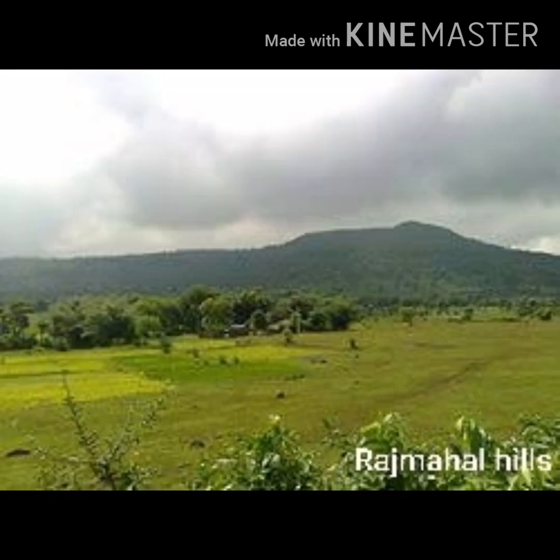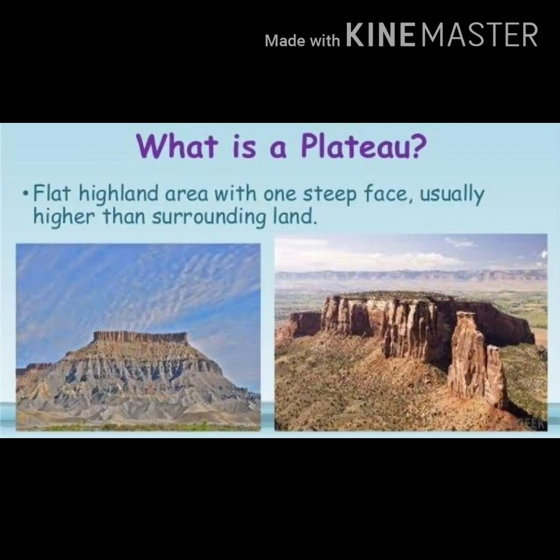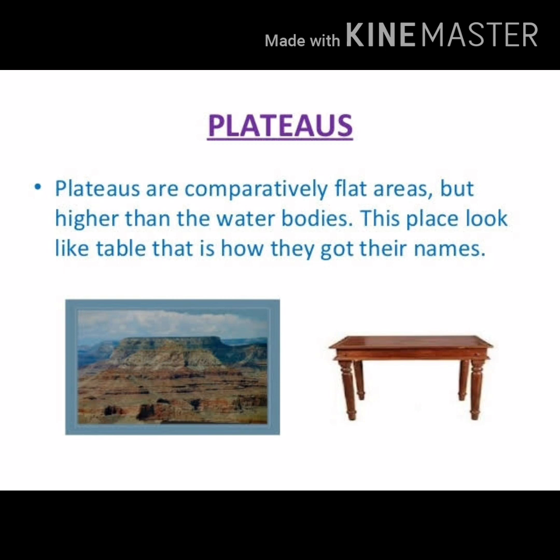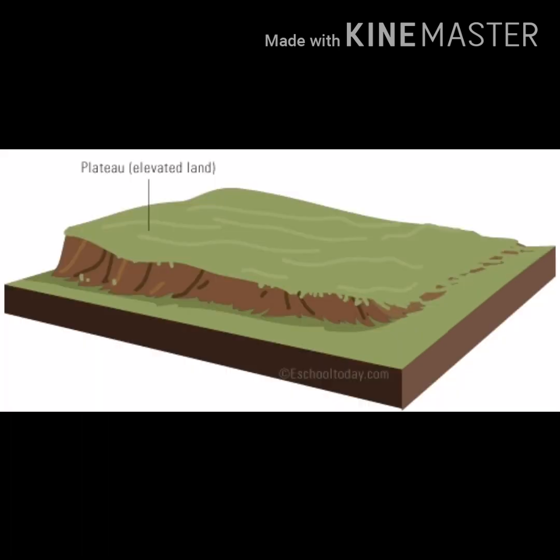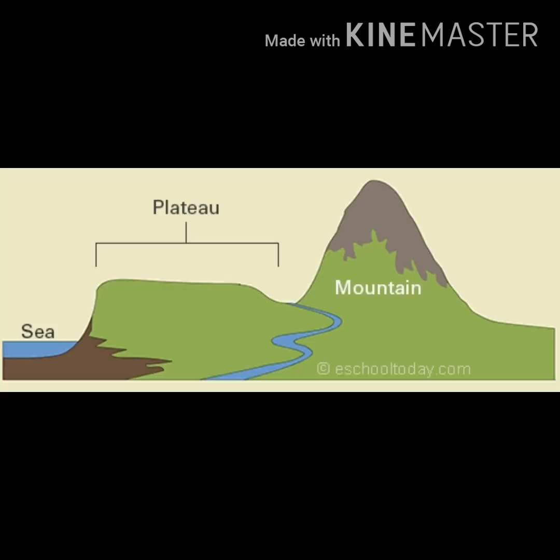The next type of major landform on the earth is plateaus. A plateau is an elevated tract of relatively flat land, usually limited on at least one side by a steep slope falling abruptly to the lower land of its surrounding areas. In contrast to mountains, it has a large area on its top and has a flat or undulating surface.